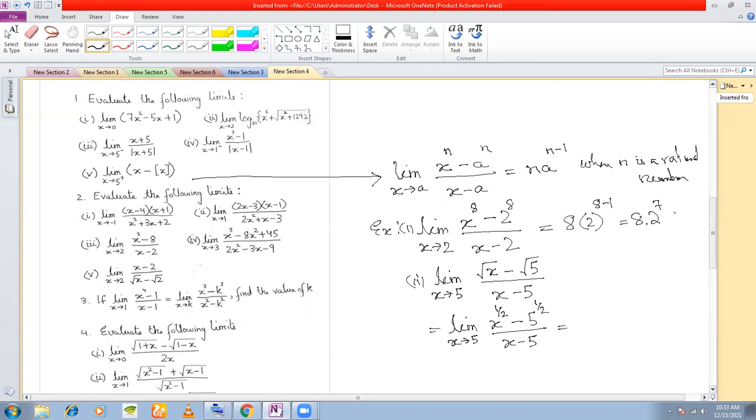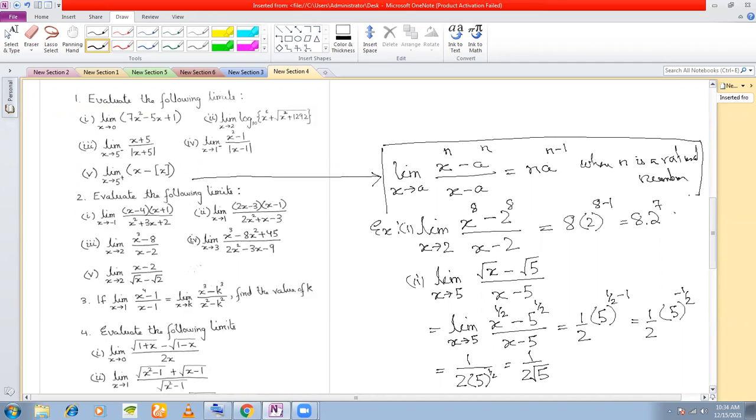Now what is n here? N here is half. N into a, a here is 5 to the power of n minus 1. So we get here half into 5 to the power of minus half, which is equal to 1 by 2 into 5 to the power of half, which is equal to 1 by 2 root 5.